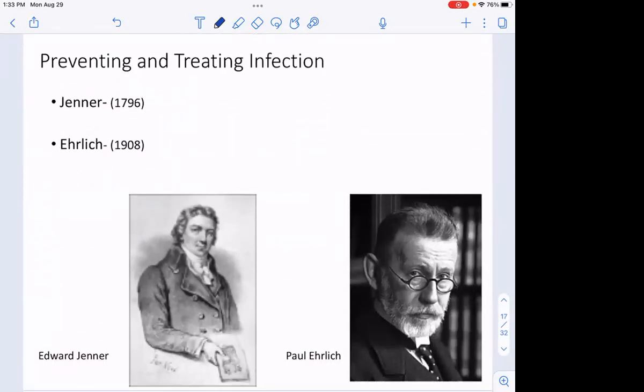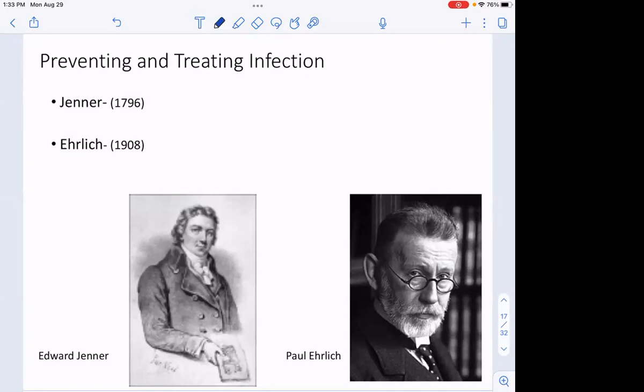Also, in terms of preventing, so we have good hygiene. That's going to prevent infections. Another big step in preventing disease was vaccines. And Edward Jenner is given credit with developing the first vaccine.